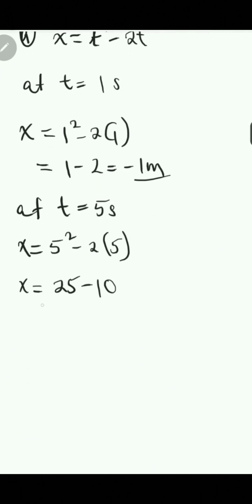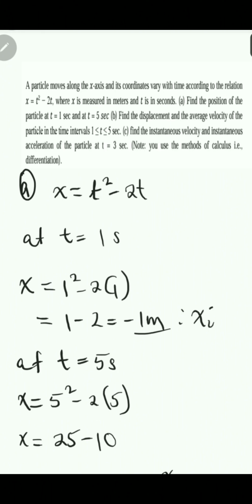Then minus 2 times 5 is 10. 25 minus 10 is simply 15. And as usual, x is measured in meters. So this is our position. Now, the first one is the initial position of negative 1 meter, and this is the final position of 15 meters. So that is how you answer part A.